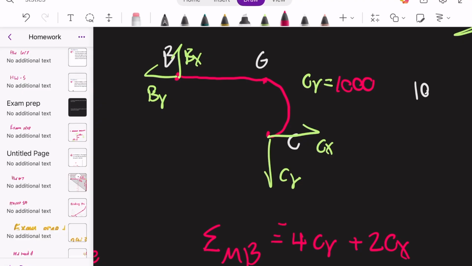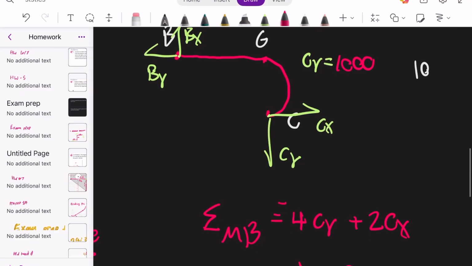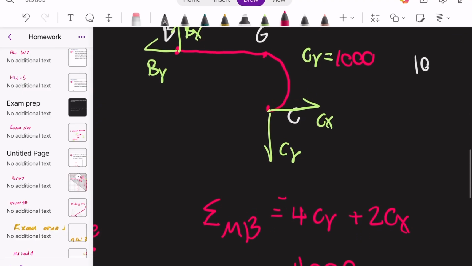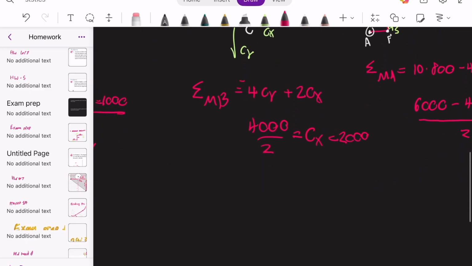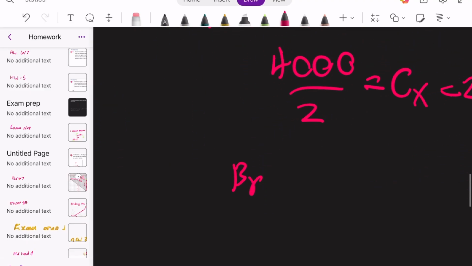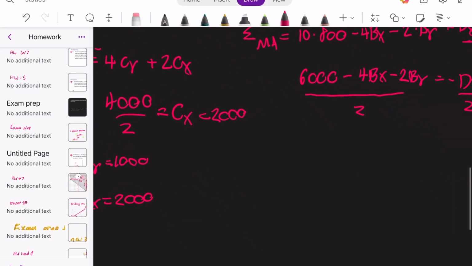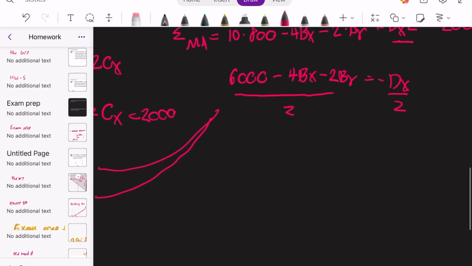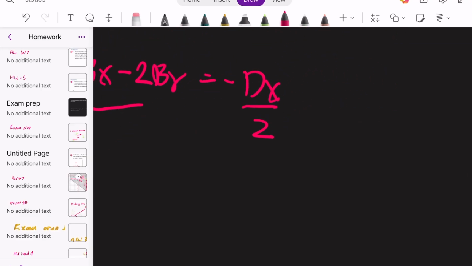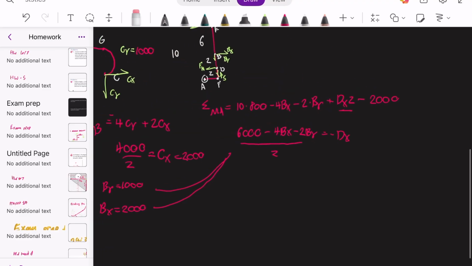This is made of two force members, so we immediately know Bx and By. So By equals 1,000 and Bx equals 2,000. Yeah. All right. And then we are going to plug these into our equation here to find, it doesn't equal Dx over 2, it just equals Dx.